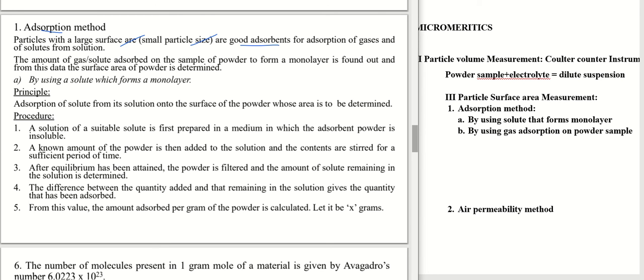The powder sample whose surface area we need to evaluate is taken. To this powder sample, we will be adding gas or solute to form a monolayer.